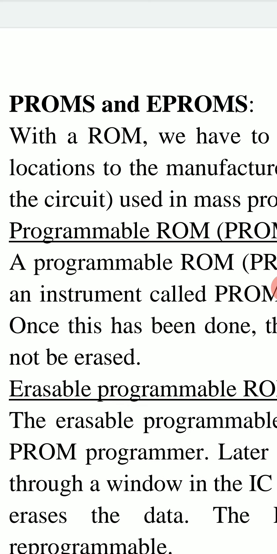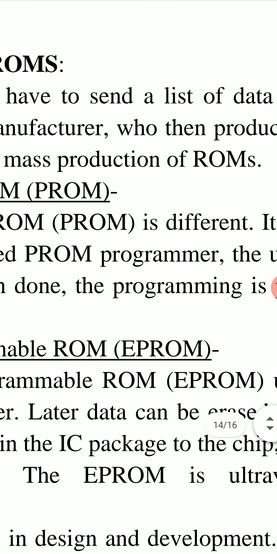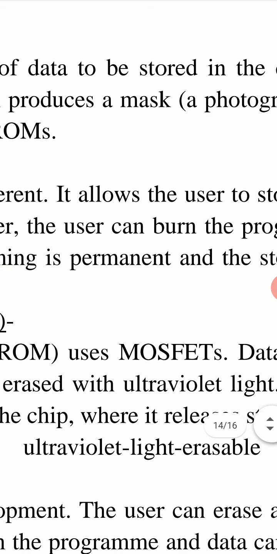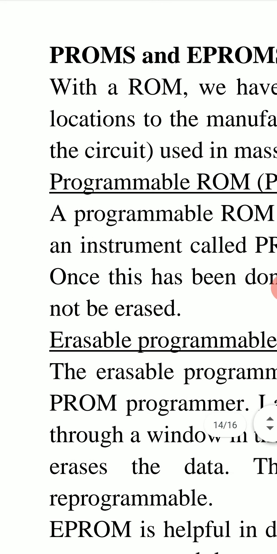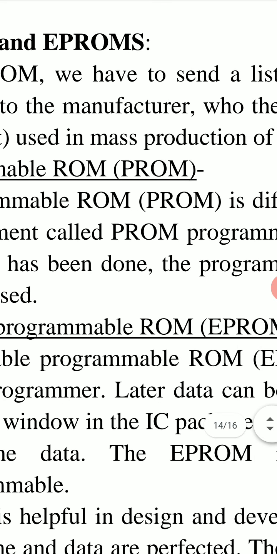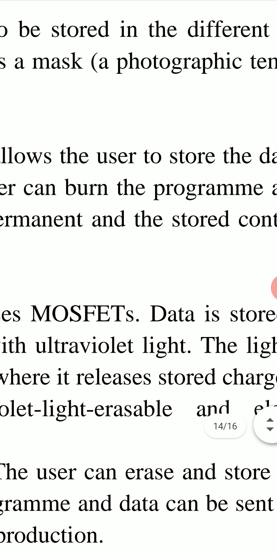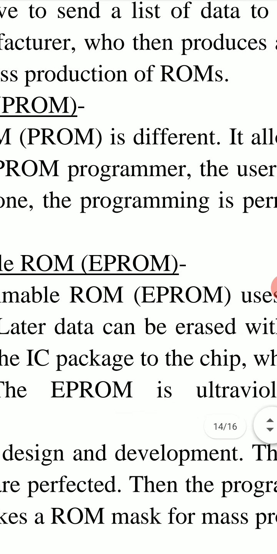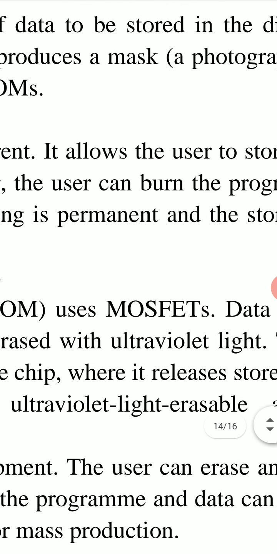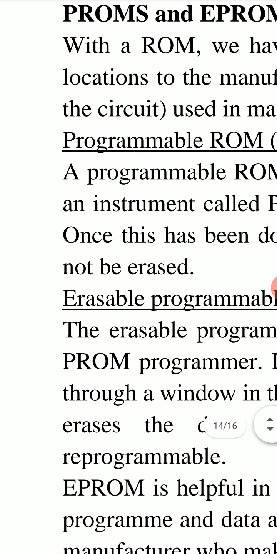EPROMs and EEPROMs. With a ROM, we have to send a list of data to be stored in the different memory locations to the manufacturer, who then produces a mask used in mass production of ROMs. Mask is a photographic template of the circuit.